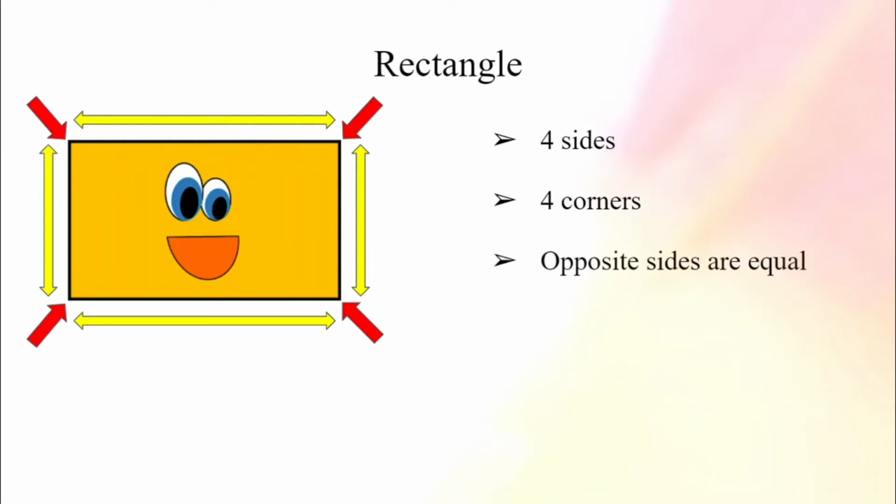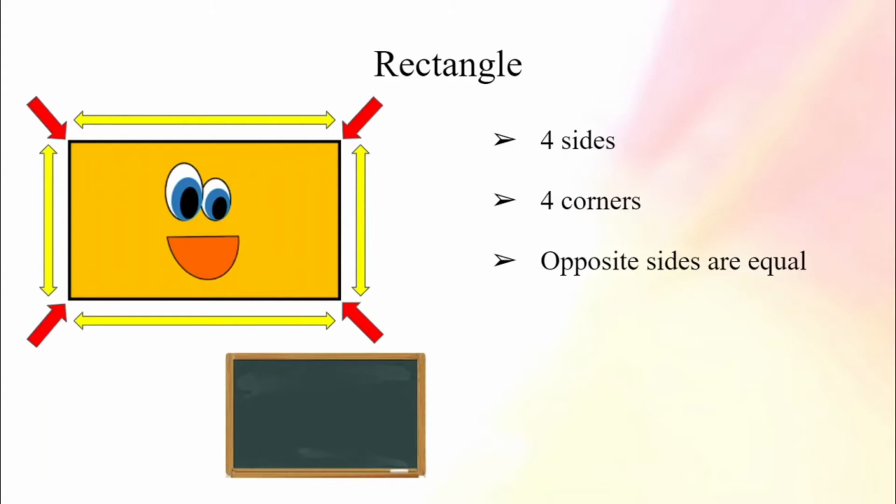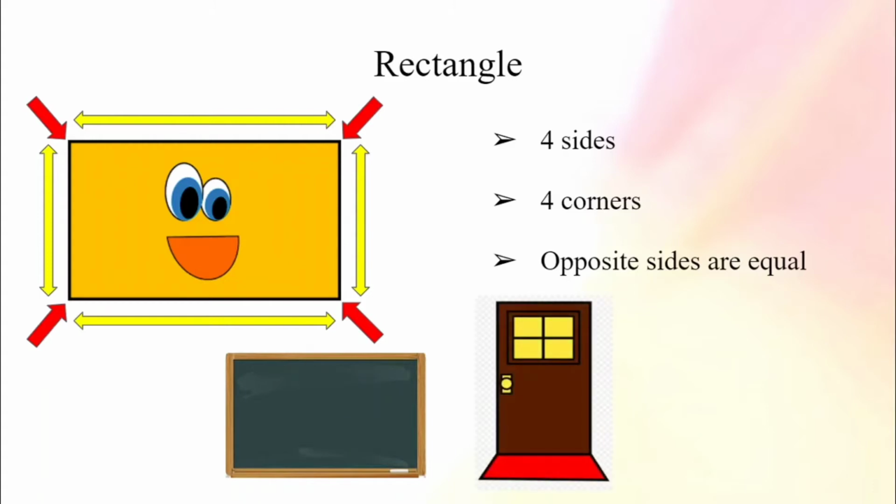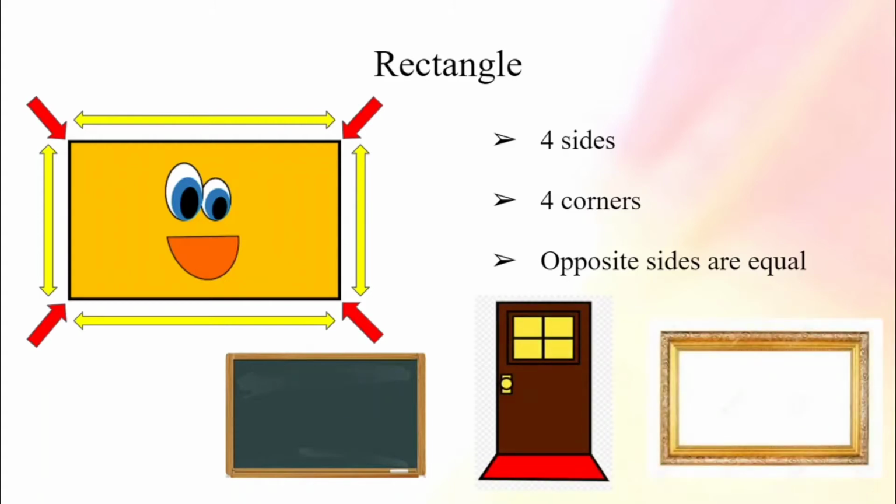The opposite sides of a rectangle are equal. You can find the shape of a rectangle in many things around you, like a blackboard, a door, a photo frame, etc.